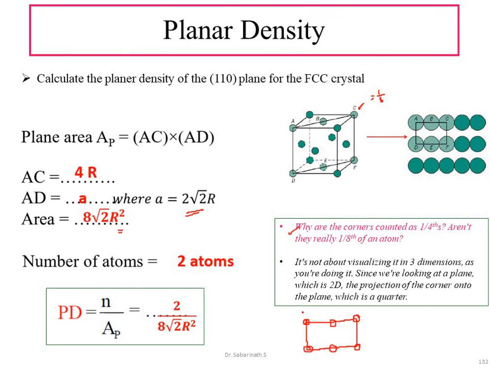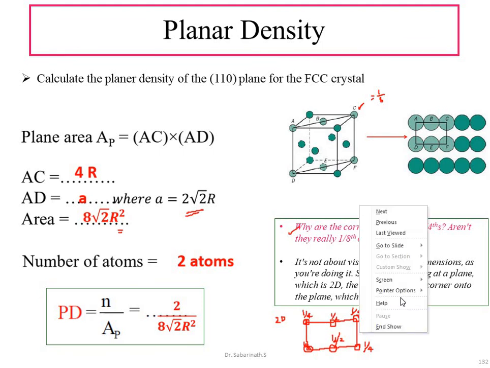In the earlier case it was a three-dimensional aspect, but here it is only two-dimensional, so we need to find the contribution: in two-dimensional it will be 1 by 4, here 1 by 4, 1 by 4, and here 1 by 4, and here it will be half. In order to clearly explain this concept, I will draw a neat figure and show you how it looks.